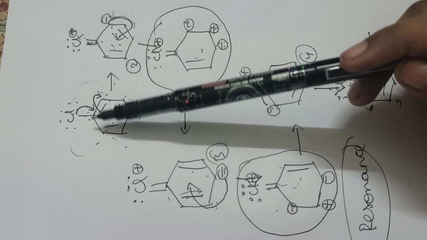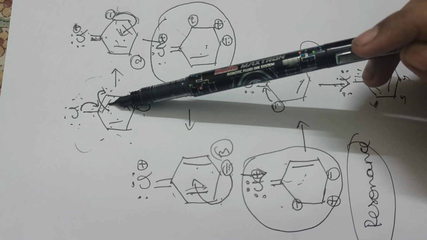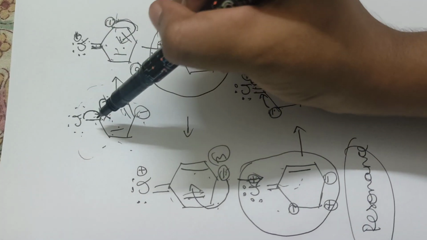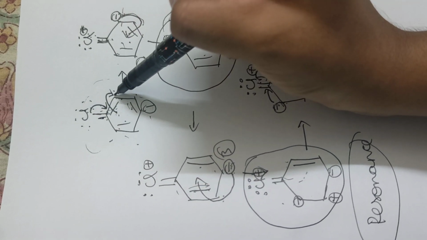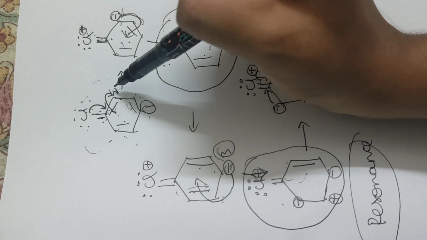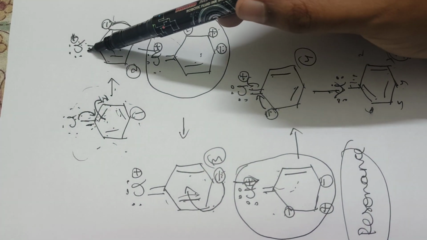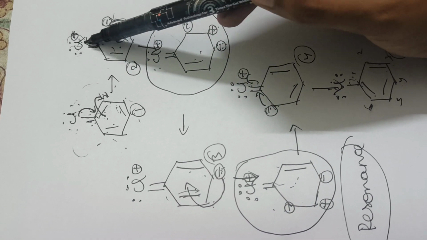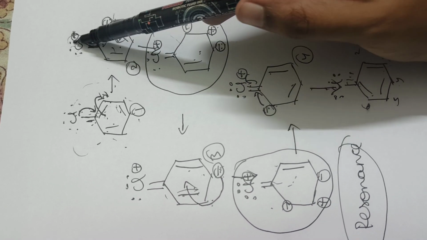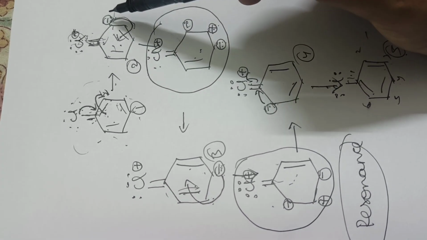And this completely transferred electron is transferred to the second carbon. So chlorine transferred one of its electrons completely to the first carbon, and the first carbon transferred that electron to the second carbon. So here we got a double bond, and then the electron missing from here, it's here.